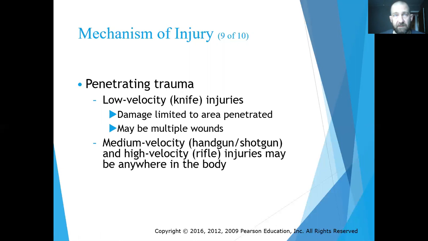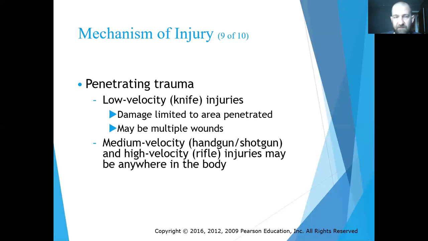One of the difficult things about GSWs, or gunshot wounds, is that the bullet doesn't always travel in a straight line once it enters the body. It can change direction multiple times. Not only can it change direction, but it can fragment into smaller pieces, and each of those pieces takes a path, and obviously there are injuries resulting all along those paths.